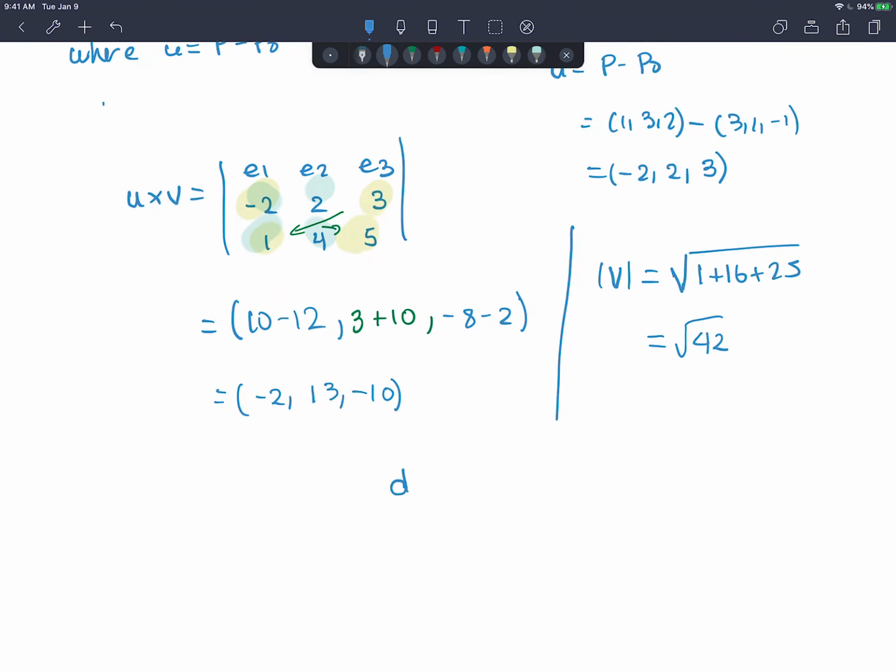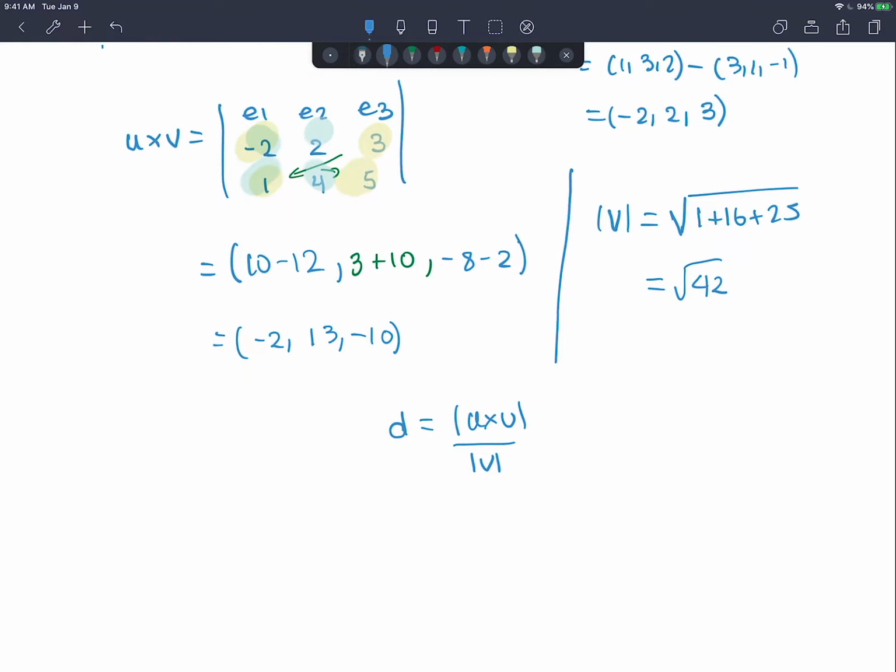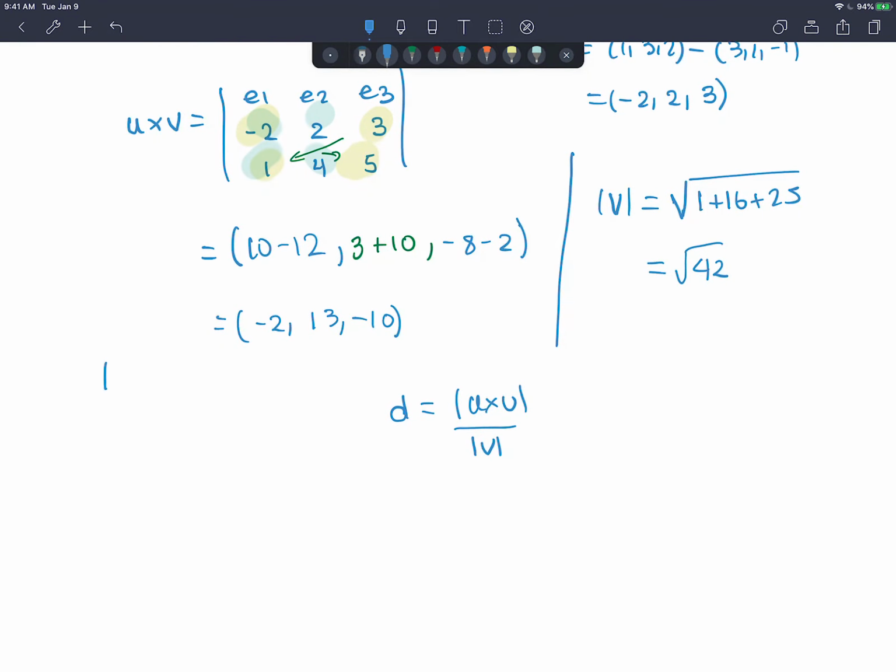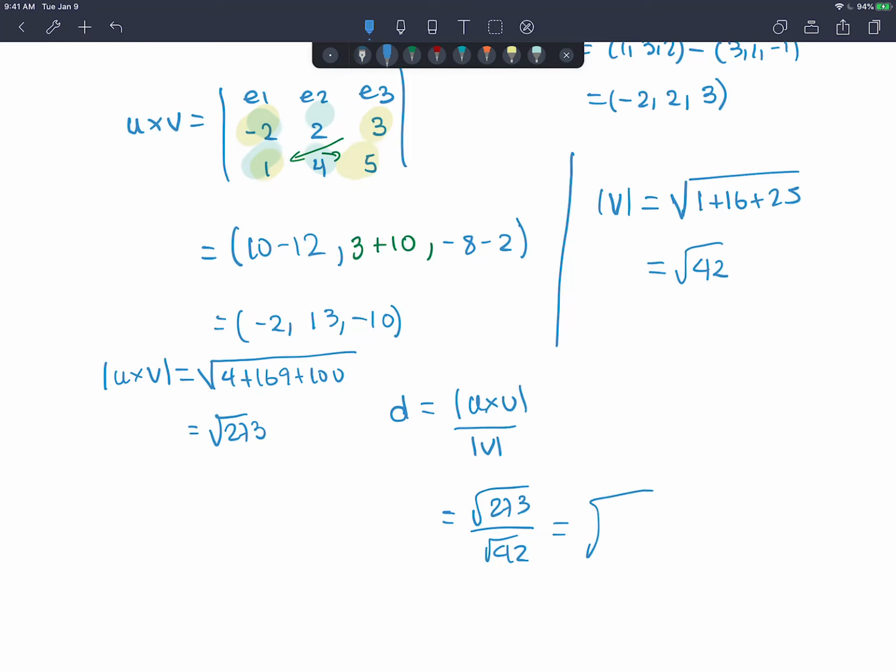The distance that I was looking for was the magnitude of u cross v over the magnitude of v, which is just, oh, I didn't find the magnitude of this one. Let's do it up here just to put it in context. It's 4, 169, and 100. So it's 273. So my distance is just the root of 273 over the root of 42, or in one root.